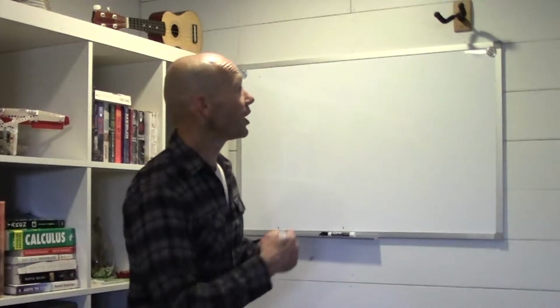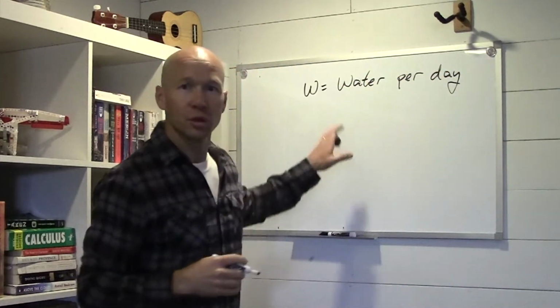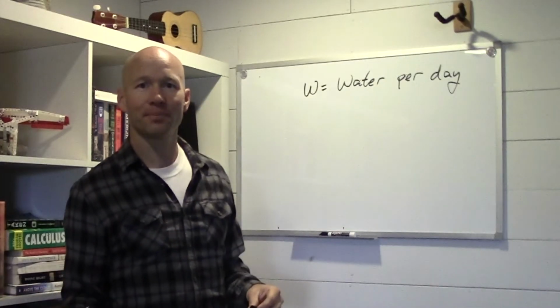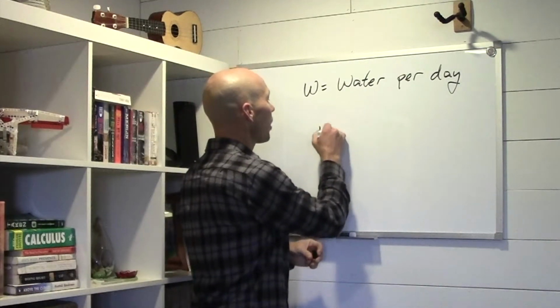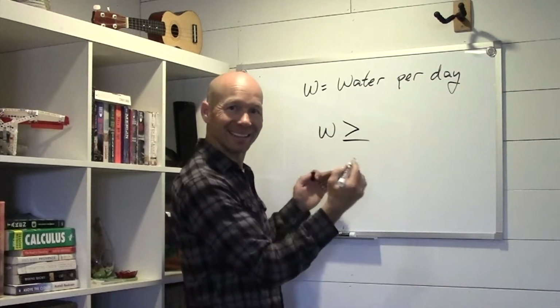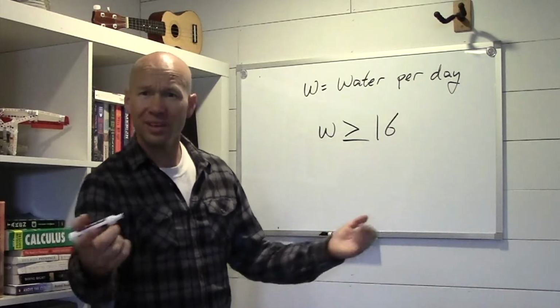That means that, what does that mean? Let's think about that. Okay, so if W equals the amount of water that I need to drink every day, then the amount of water, W, needs to be greater than or equal to at least 16 cups. So what does that mean?